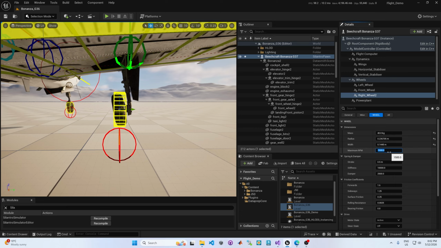This is going to get transformed to angular velocity, and that is going to limit the rolling speed of your wheel. So if you keep the wheel on the ground and you just apply the thrust from your aircraft and you keep rolling, the wheel is going to keep accelerating until it gets to this RPM, and then it's going to stop.